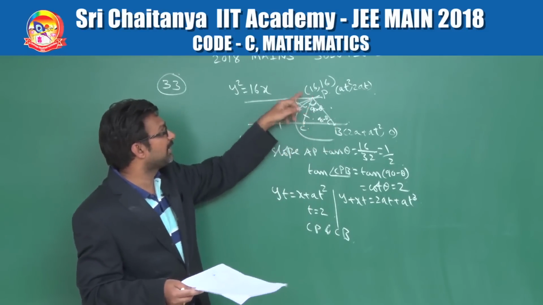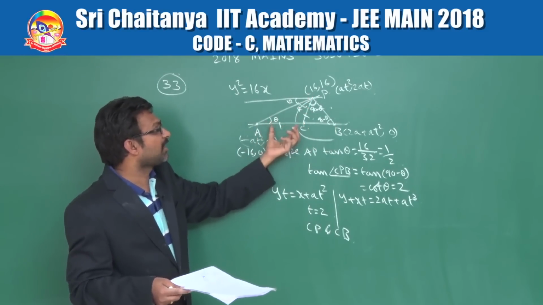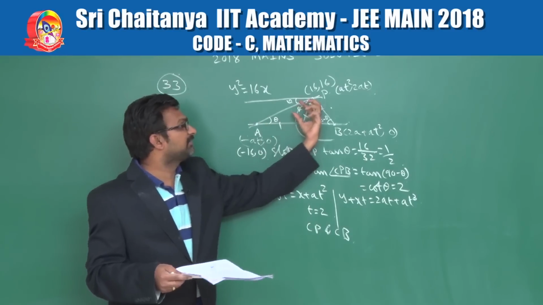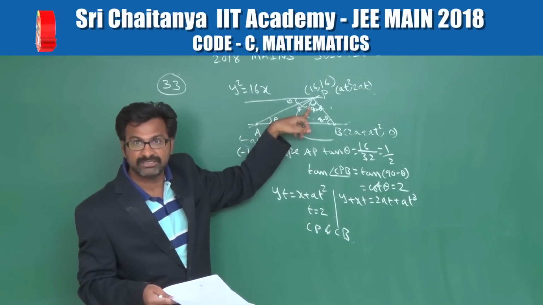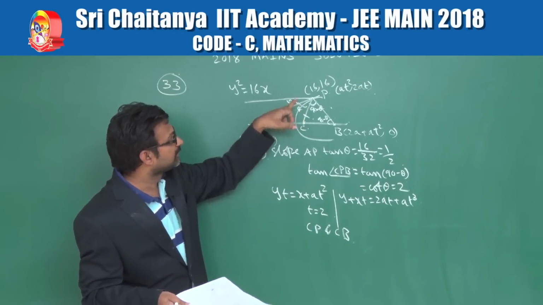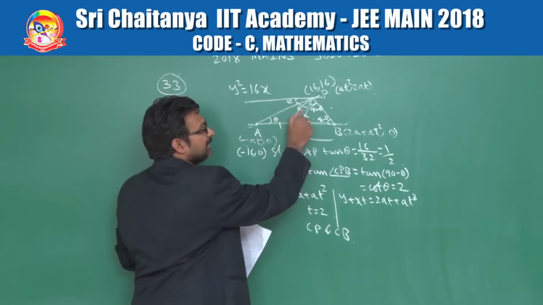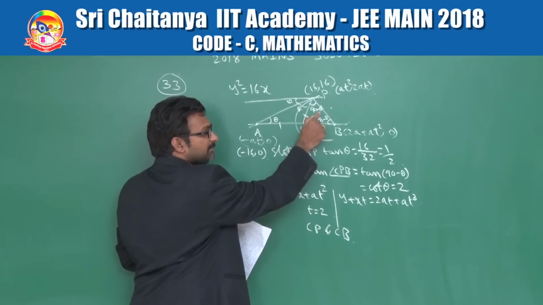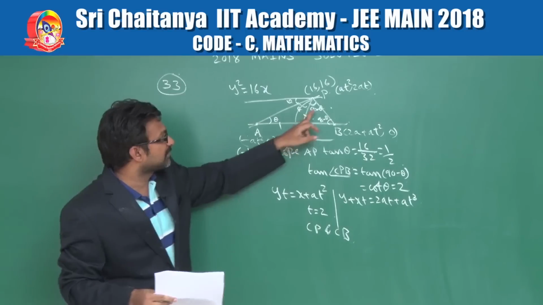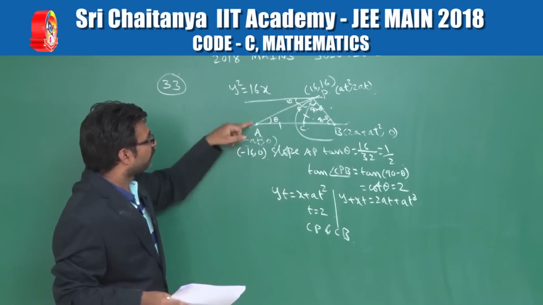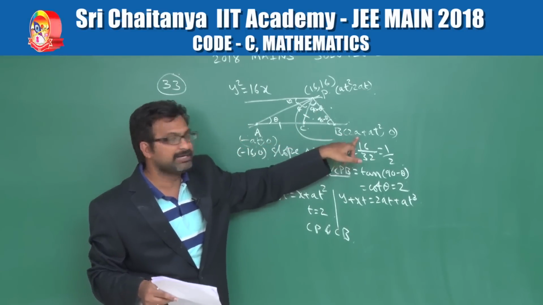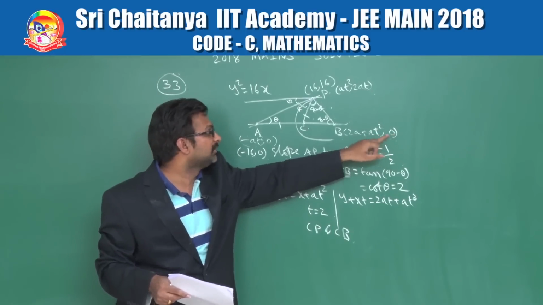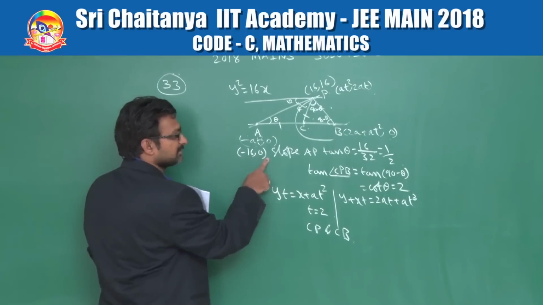Hence let us draw a line parallel to the x axis or axis of the parabola. This length and this length are always equal. So this angle is theta, and this angle is also theta. Now out of 90, theta has gone here. So this is 90 minus theta. We know A is (minus 16, 0) and B is (32, 0). Therefore C is (8, 0).